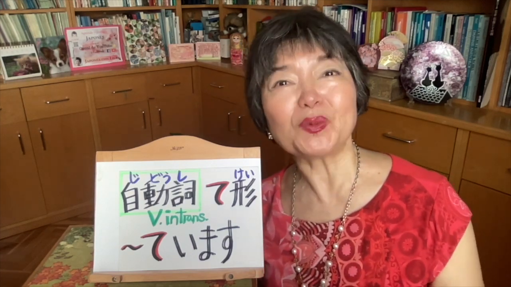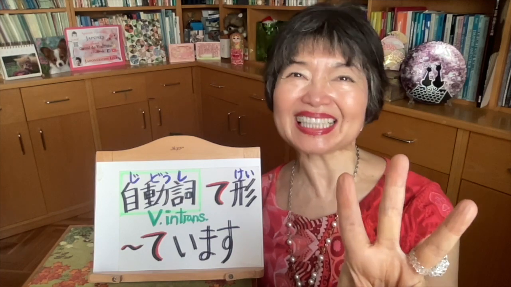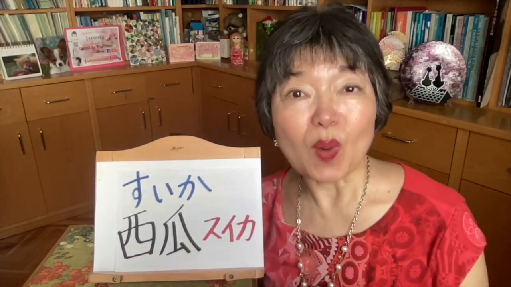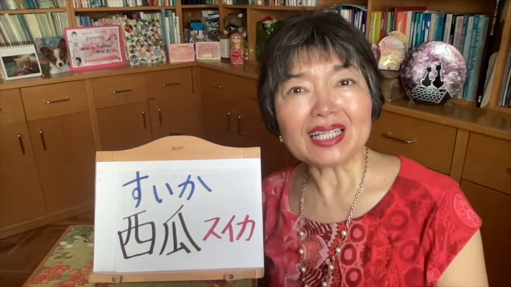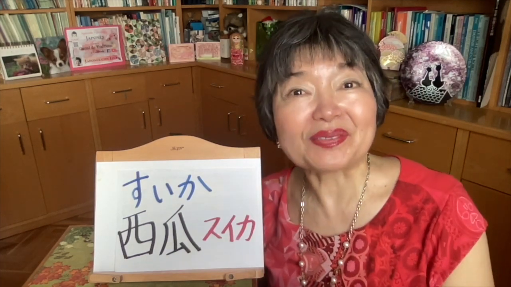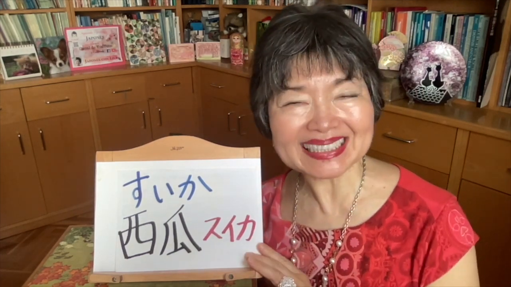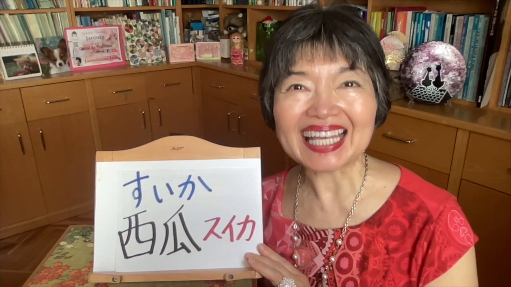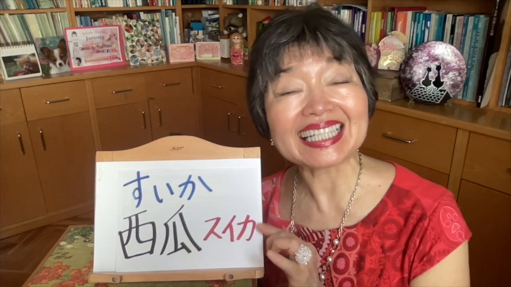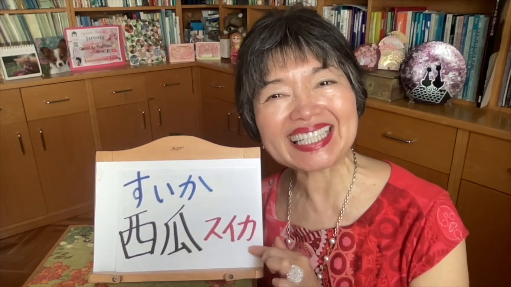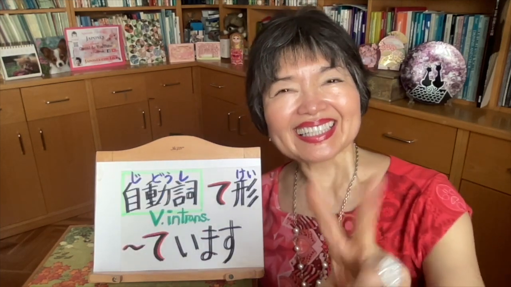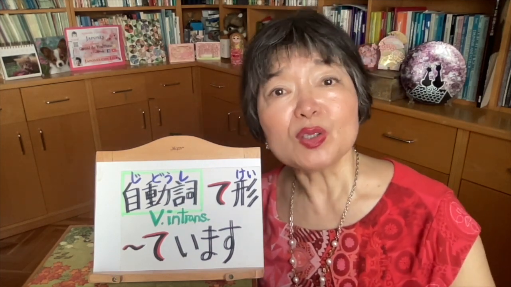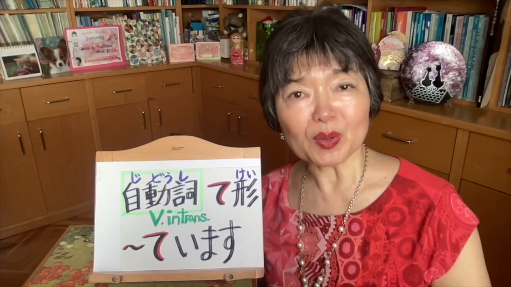Now a quiz time with three translations into Japanese. Number 1: Let's eat watermelon after chilling it in the fridge. Watermelon in Japanese is suika, and we usually write it in katakana. Number 2: I'm very tired, so please don't wake me up tomorrow morning.